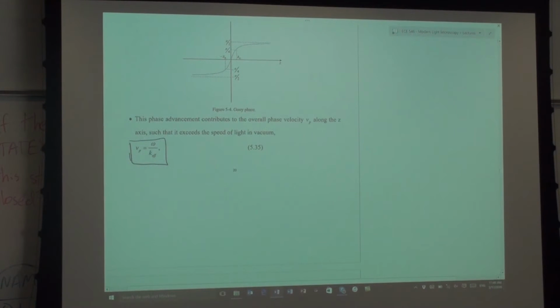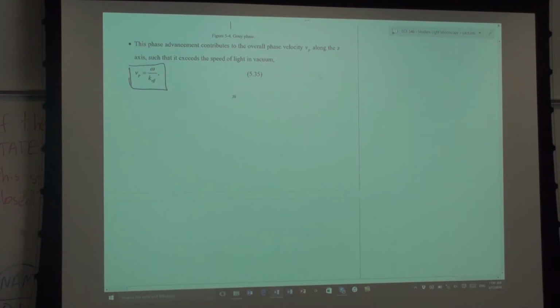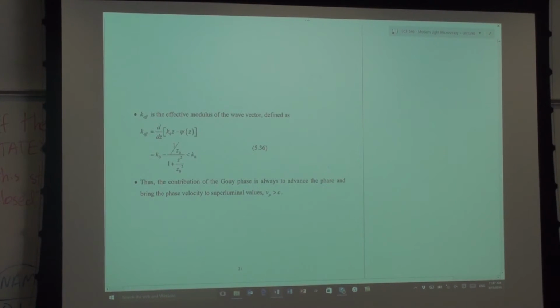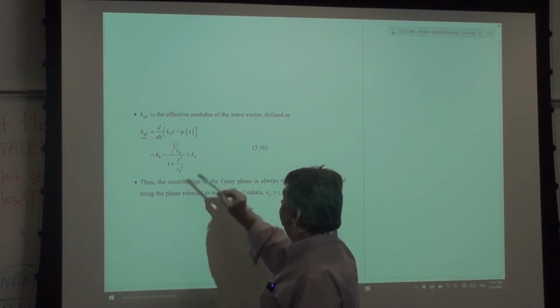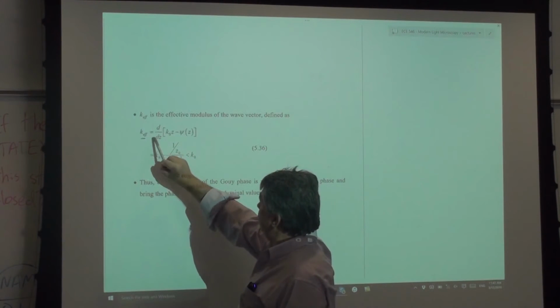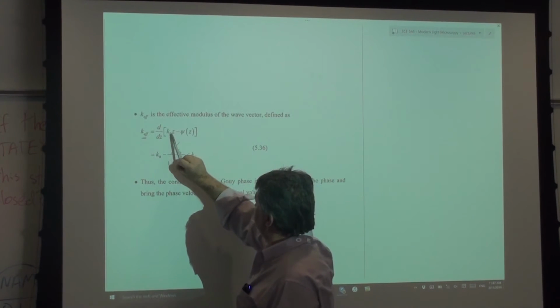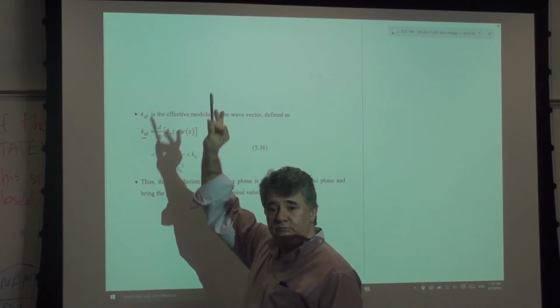A Gaussian beam has a distribution of k vectors. It's narrow, but still, it's not a plane wave. That's why I wrote here k effective, or k average. In order to compute the k average, you need to take the derivative of the phase term.